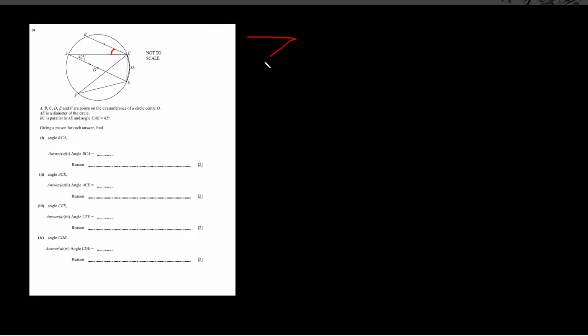Applying our Z rule, where two parallel lines will form the same angle here, we know that this angle is exactly the same as 42 degrees here. So the answer is supposed to be 42 degrees, because of the parallel lines. So you will just simply use your alternate angles that are parallel.